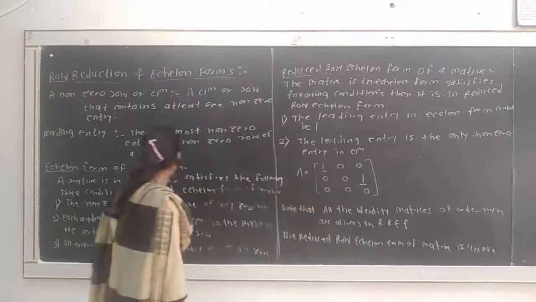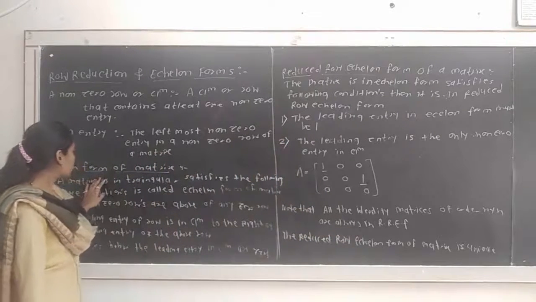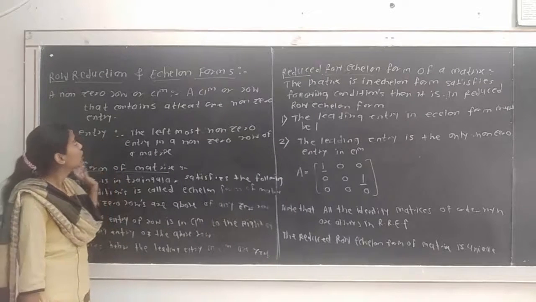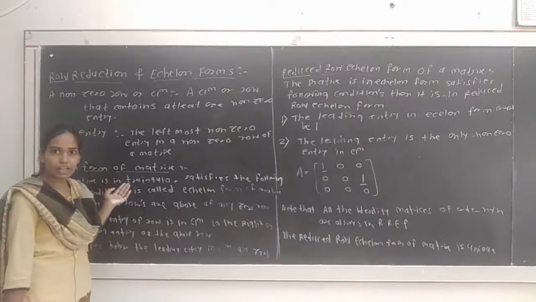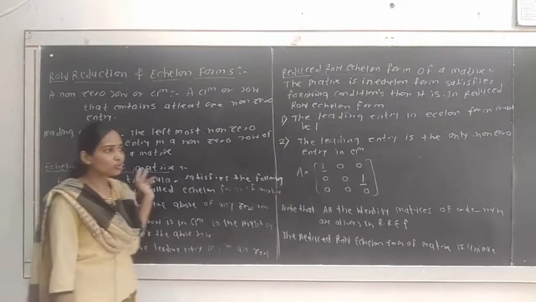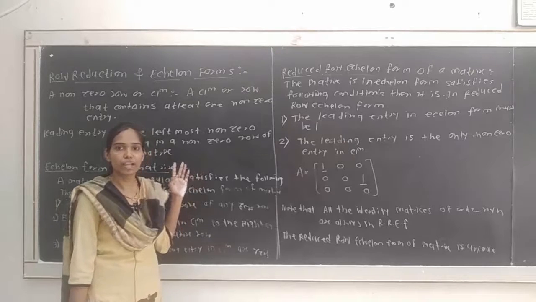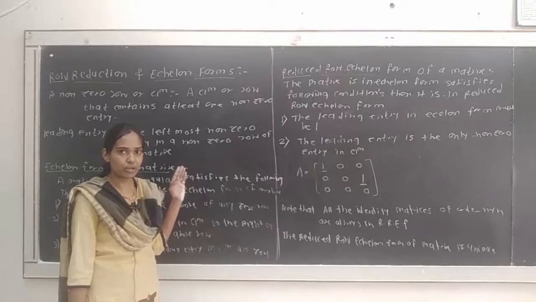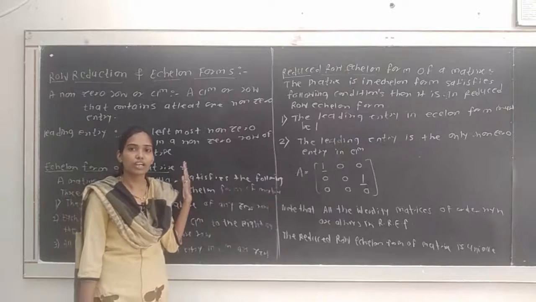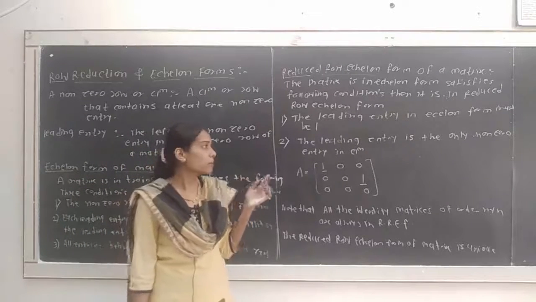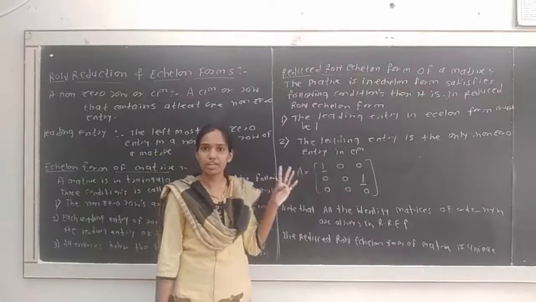But if we compare this with the echelon form, if we apply row operations on the given matrix A and convert it to the echelon form, and we apply a different sequence of elementary row operations on matrix A, then we get different row echelon forms. But the reduced row echelon form will always be unique.